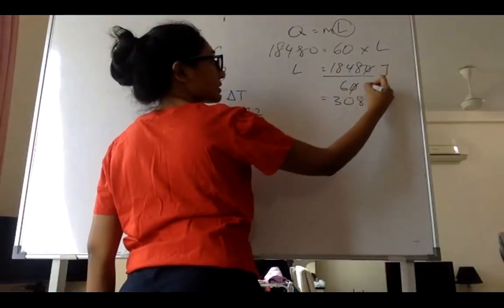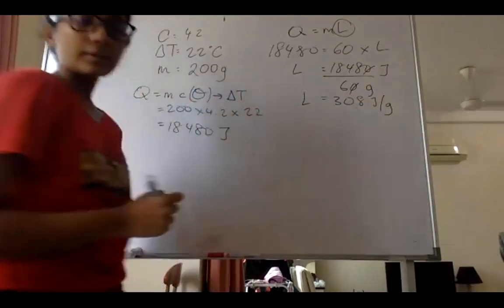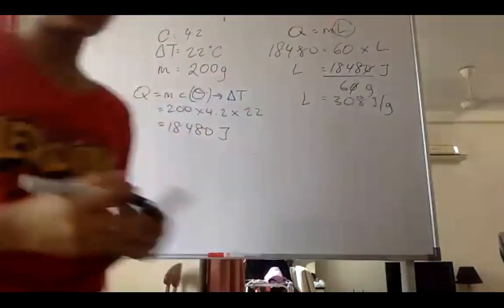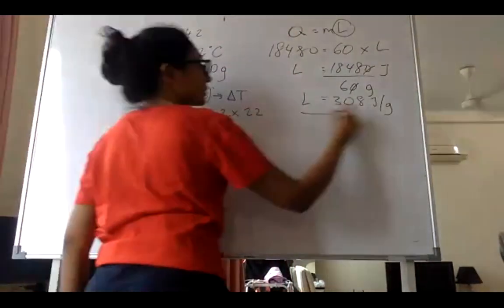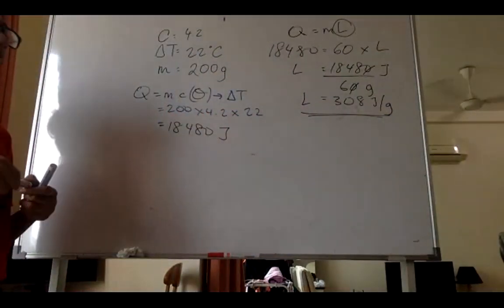This is joule, this is gram, so joule per gram. That's my specific latent heat of fusion of ice.